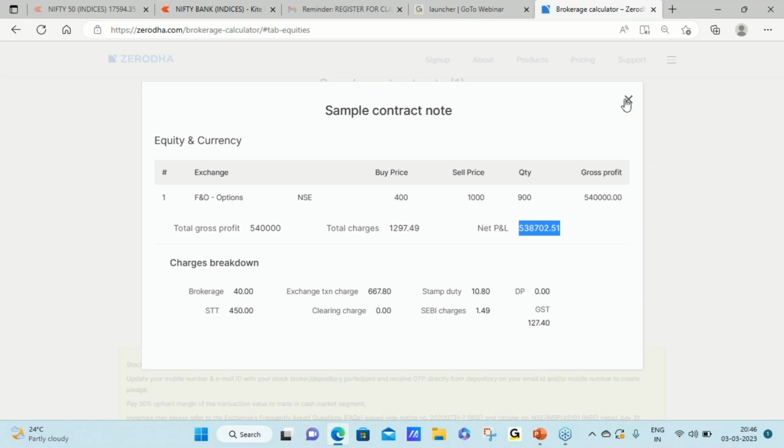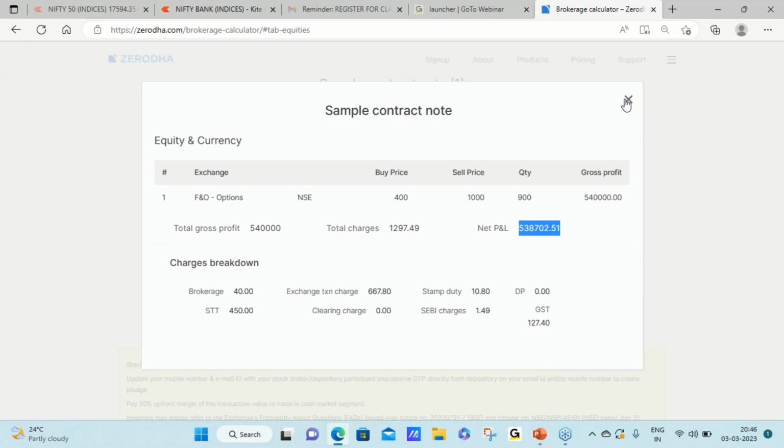Divide, guys, divide 900. If you are able to trade with 900 lot size, divide 900 by 25, that is 36 lots. That's simple mathematics, which I cannot explain at this advanced stage. So 36 lots is the thing.